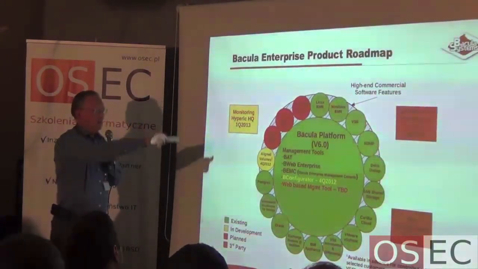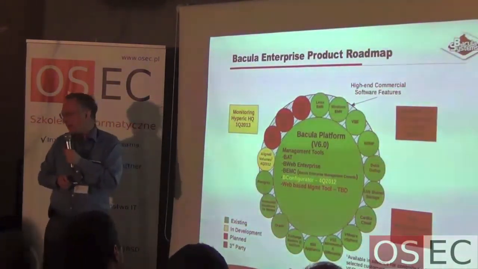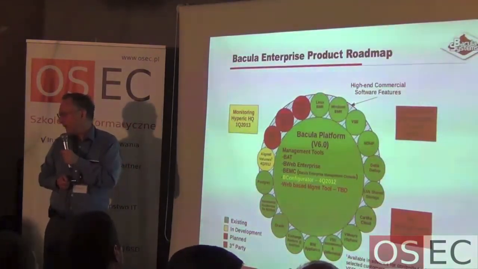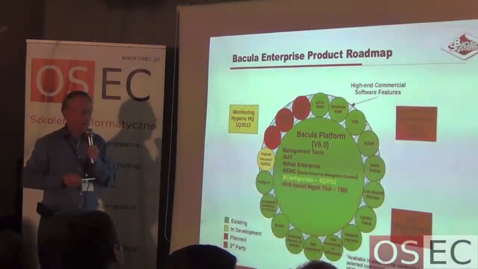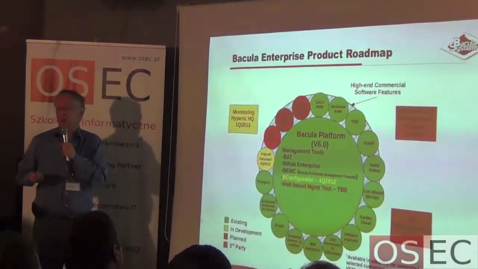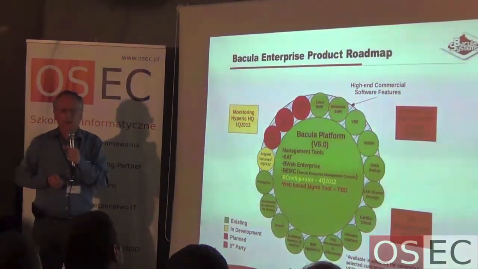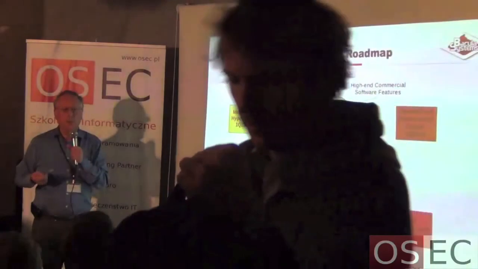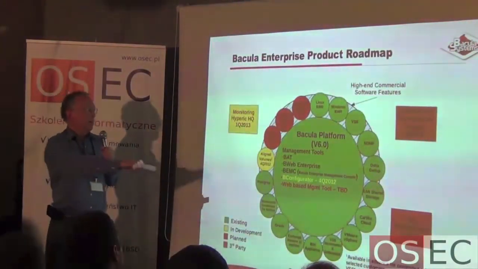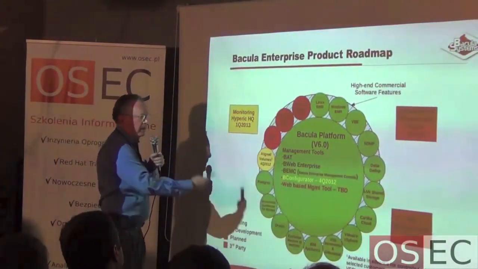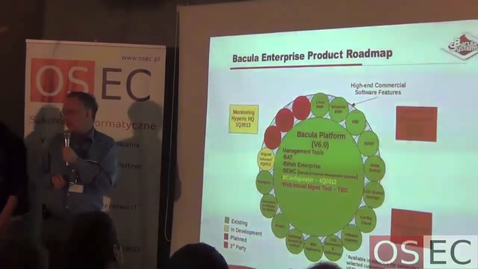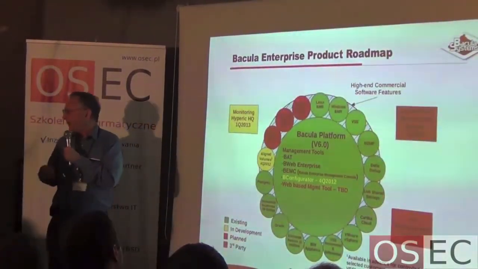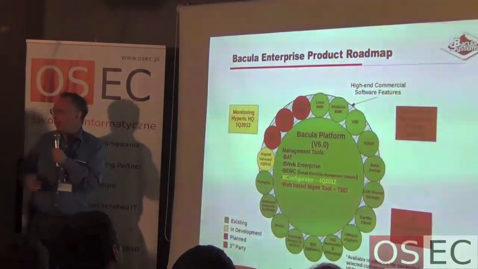And inside of it is the basic Bacula Systems or Bacula community code. And it's a smaller bubble. Why? Because it doesn't do everything the big enterprise software does. But around it, we have a bunch of little plugins, bubbles, and add-ons that we've been developing.